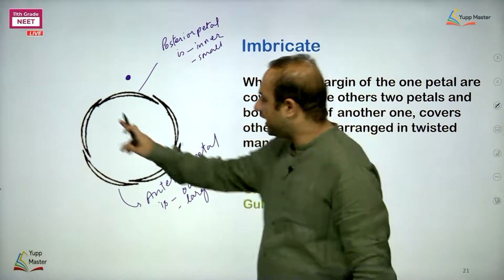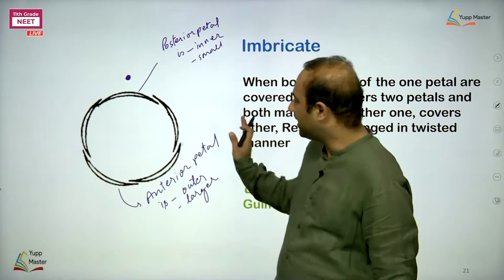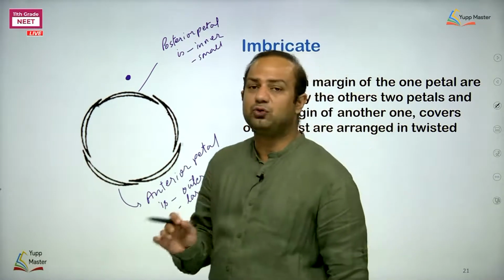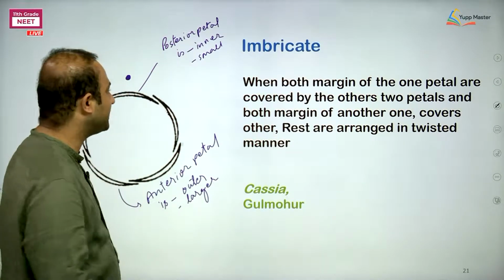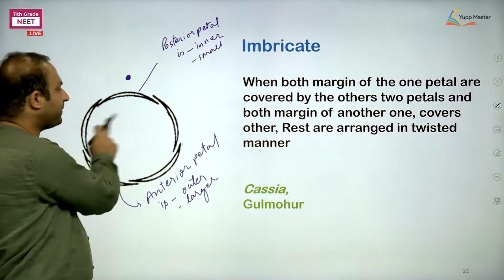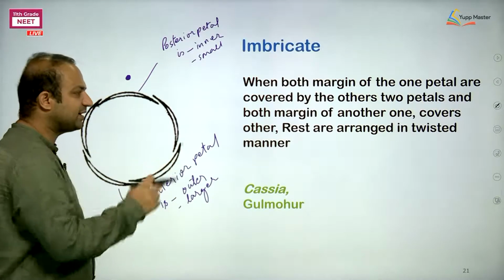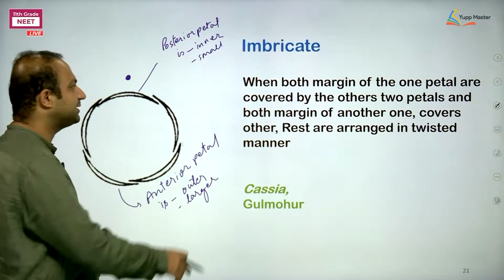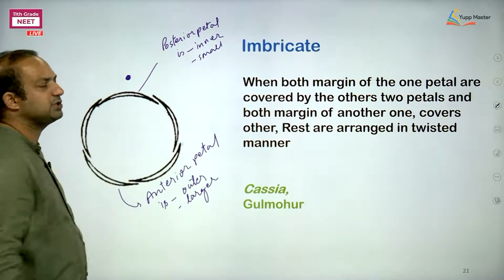The other members are getting twisted or alternate, one margin free, other overlapped, but there is no particular direction. Bookish language of NCERT: when both margins of one petal are covered, and both margins of another one cover others, the rest are arranged in a twisted manner, that structure is imbricate. So this is the imbricate aestivation.